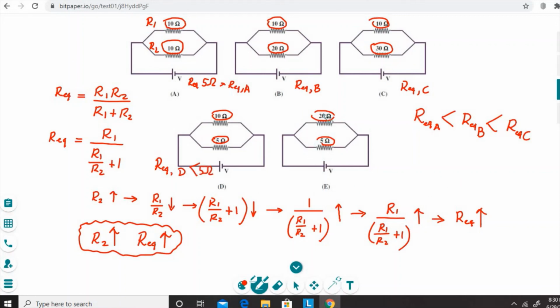However, this equivalent resistance is greater than the equivalent resistance for D. R equivalent D is less than R equivalent E, and R equivalent E is smaller than R equivalent A. So I'll write down the expressions for the equivalent resistance.